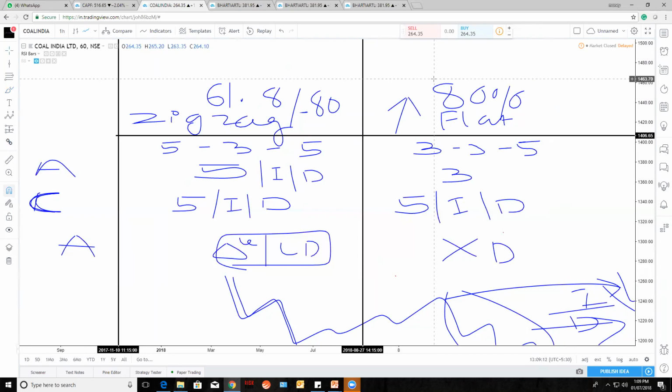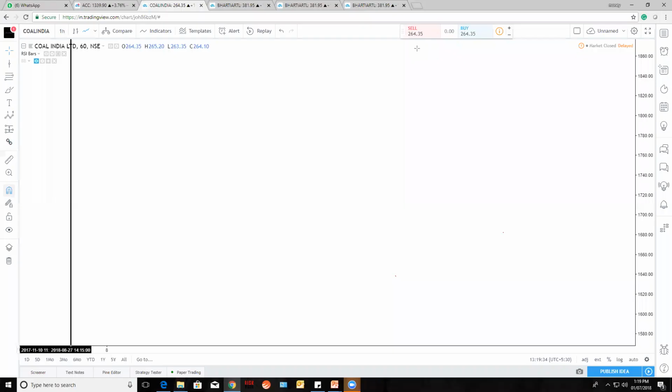Coming to the retracement, if it is less than 80%, it is a zigzag correction. If it is more than 80%, it is a flat correction. Clear now? Any doubts?